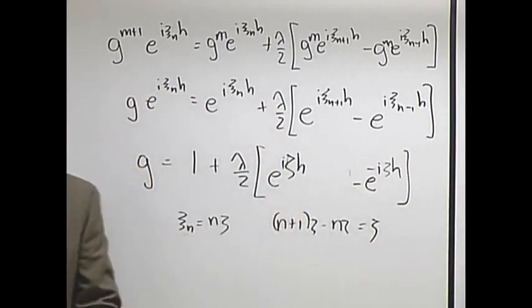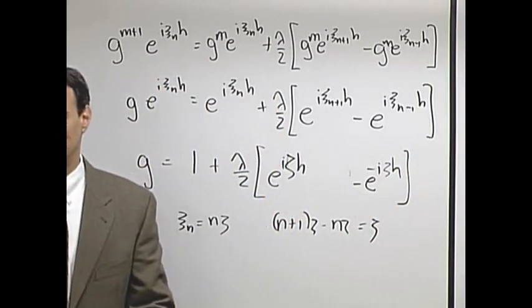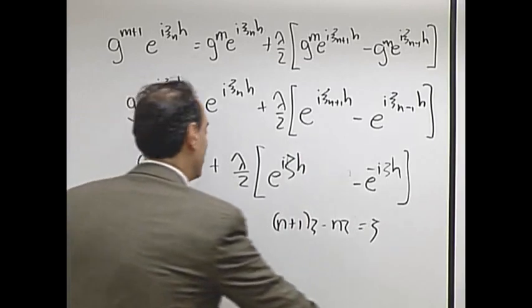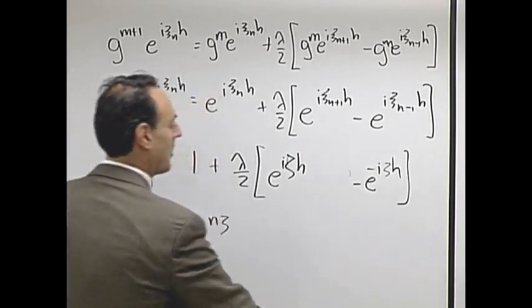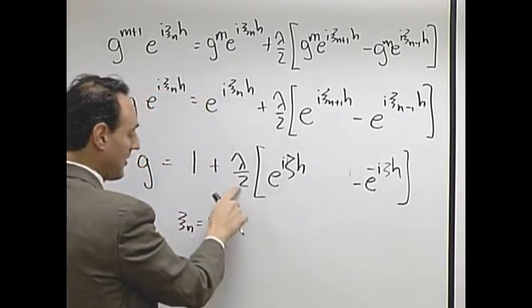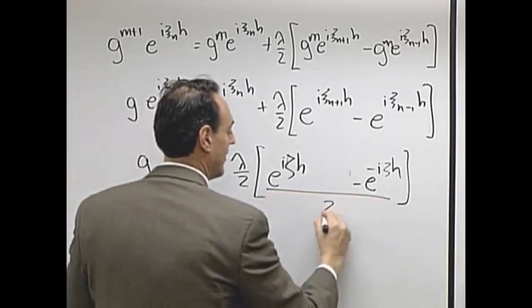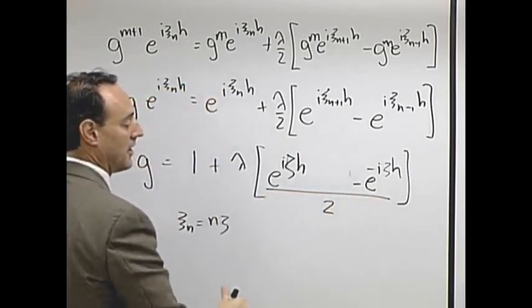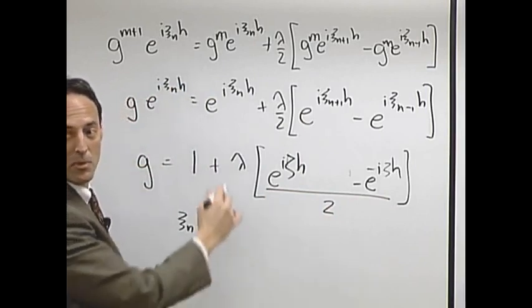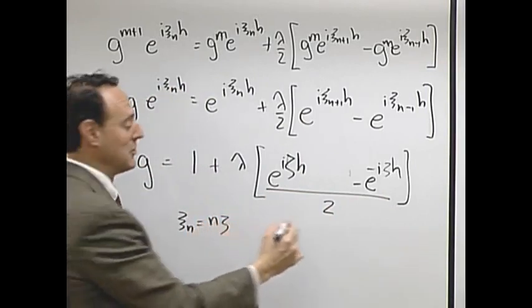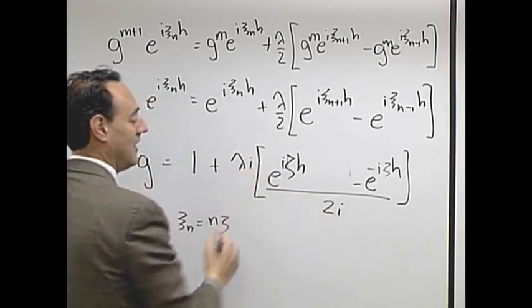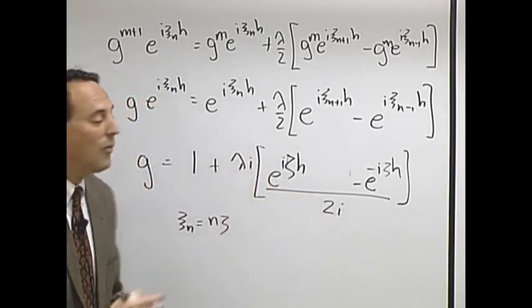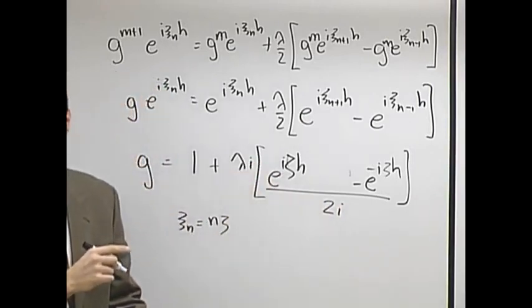You recognize that? Excellent. So I can bring this 2 into there, and that means it gets rid of it there. And I can multiply by 1, which is I over I. Everybody agree with that? Oh, and it is sine.